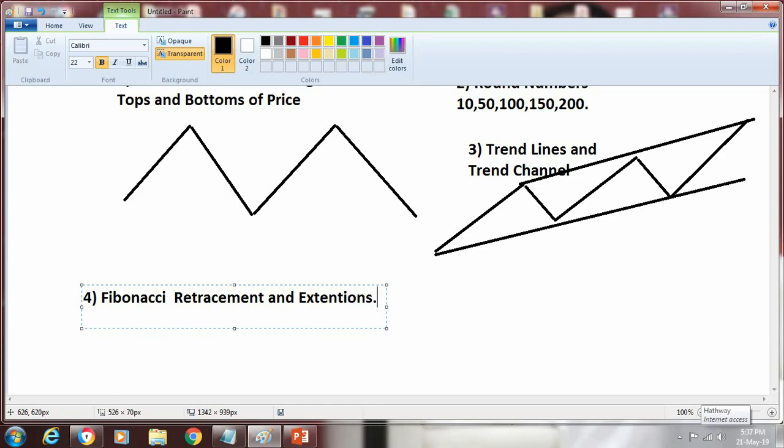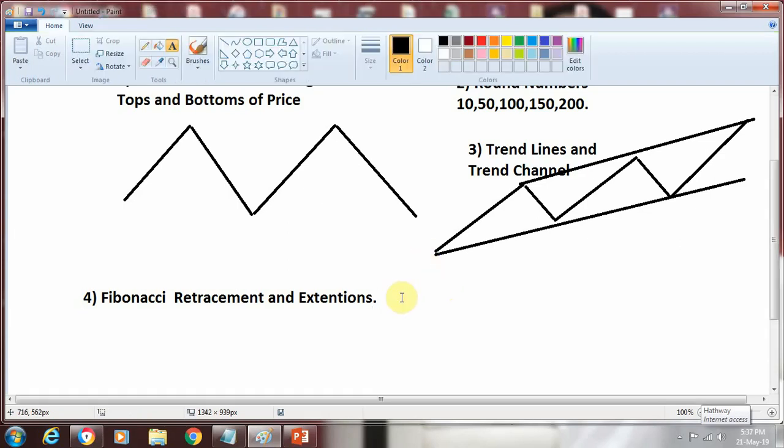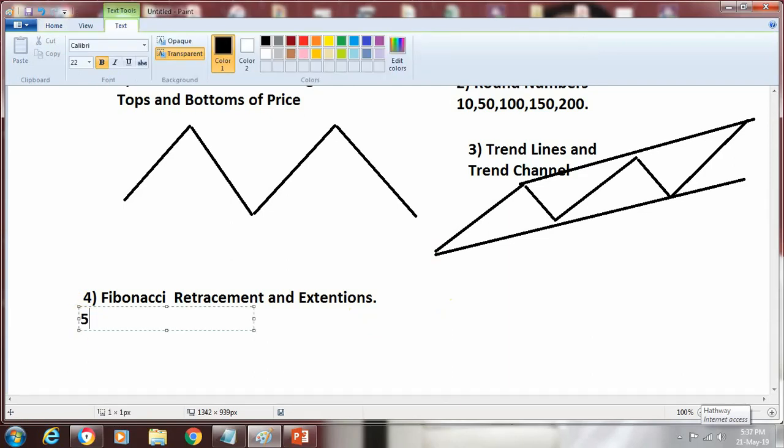And then come the two main indicators that we use in technical analysis. One of them is the RSI, which is the Relative Strength Index.